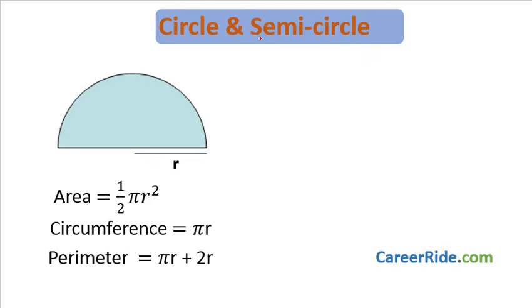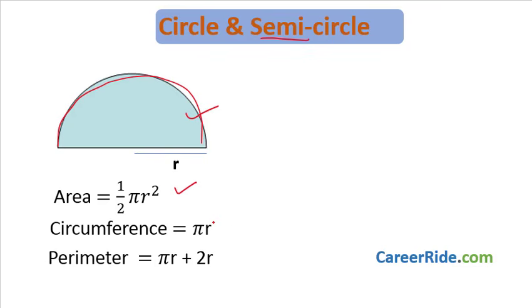Now, coming to semicircle. Semicircle, as all of us know, is drawn like this. Its area is half of pi r square, that is half of the circle. Circumference of a semicircle is only the curved part that you see in the picture. You do not include the diameter when you are finding the circumference.